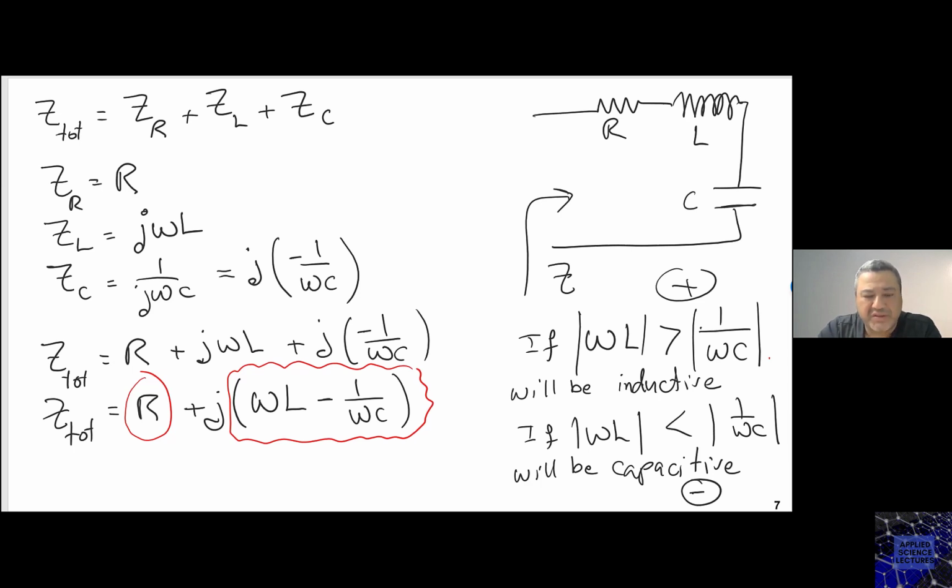For that frequency, they're going to block this frequency from entering. When they are in series, they're going to create a zero reactance at that frequency. So a series resonator is different than a parallel resonator. They have different applications, right?